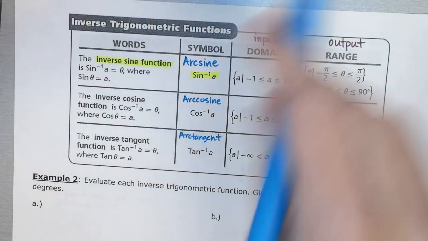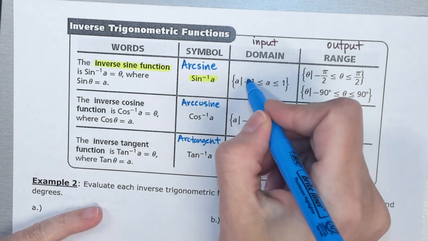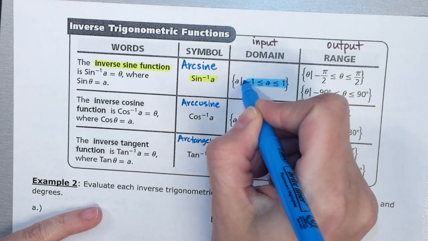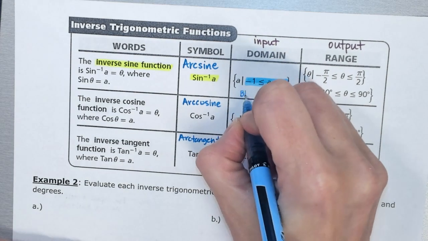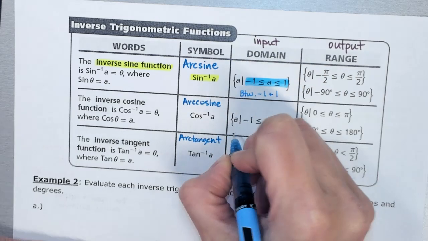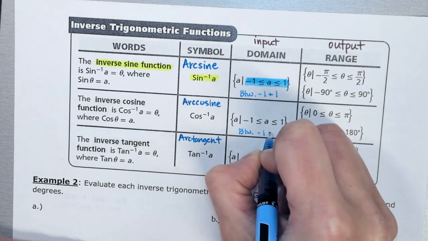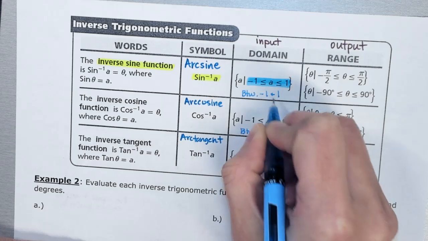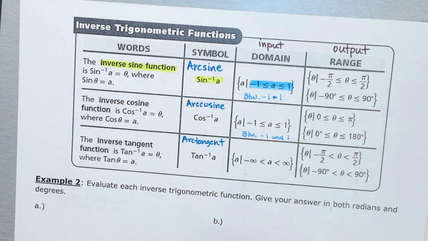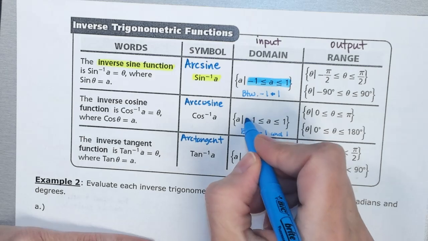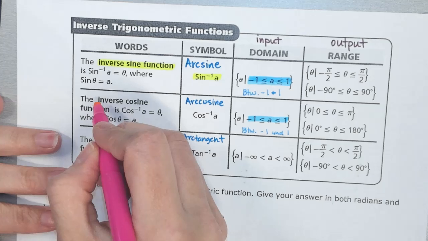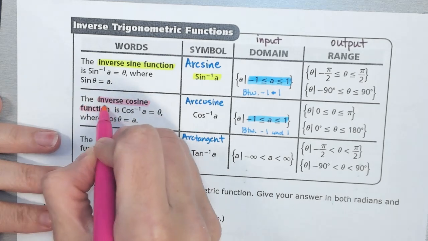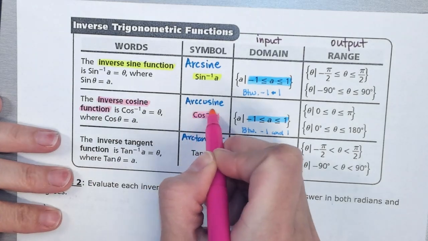The domain for the sine, it's saying that the values have to be between what two numbers? Okay, so it has to be between -1 and 1. Same thing here, between -1 and 1. So in order for you to get a valid answer, if it's sine or cosine, whatever you're plugging in has to be between -1 and 1.